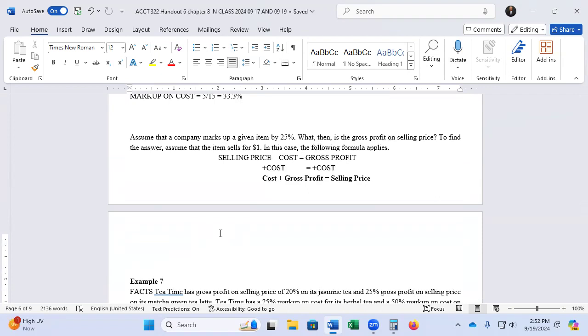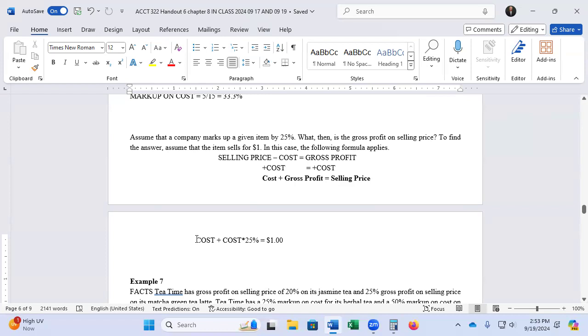They've told us this item sells for $1. So we have cost plus cost times 25% equals $1. So what is cost plus 0.25 cost?